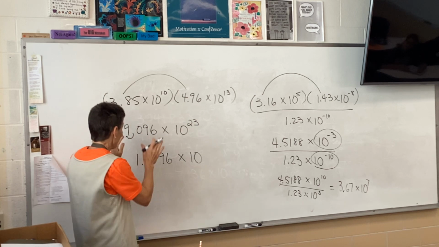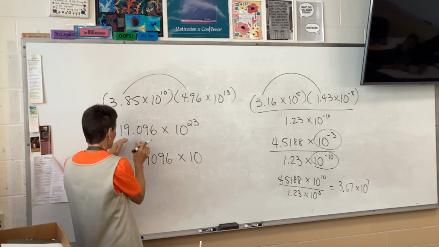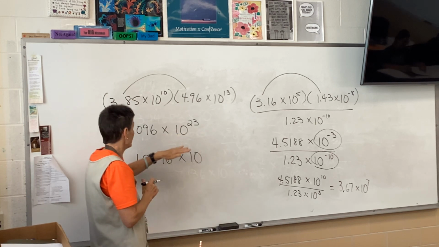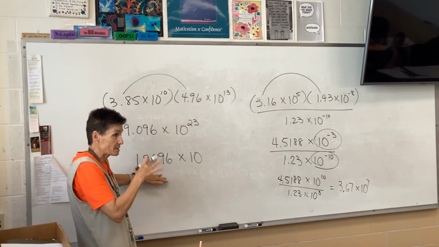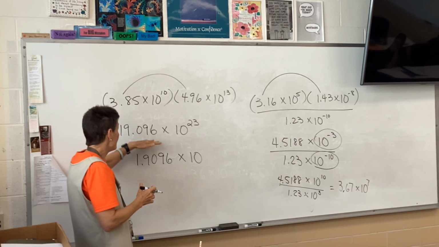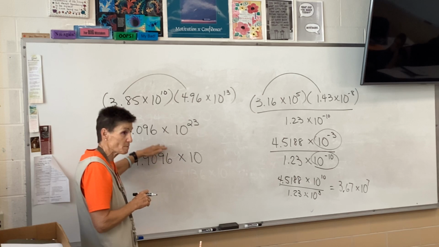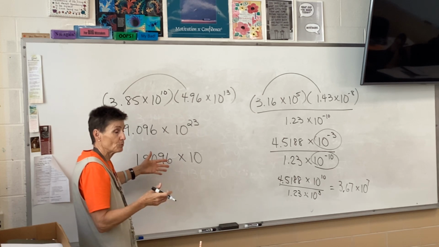The original number is composed of two pieces, a number and a power of 10. My answer is composed of two pieces, a number and a power of 10. These two are supposed to be exactly the same, right? They're supposed to match exactly in value.